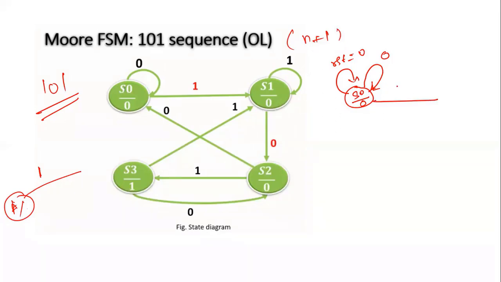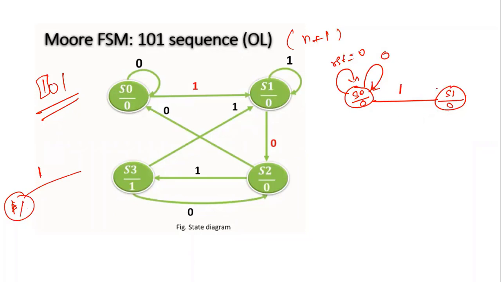What if the input is 1? If the input is 1, it has entered the first one. When it has got the first one, it moves to the state S1. It will not provide any output. The reason is, in the S1 state, it has received only 1 out of the expected 101.